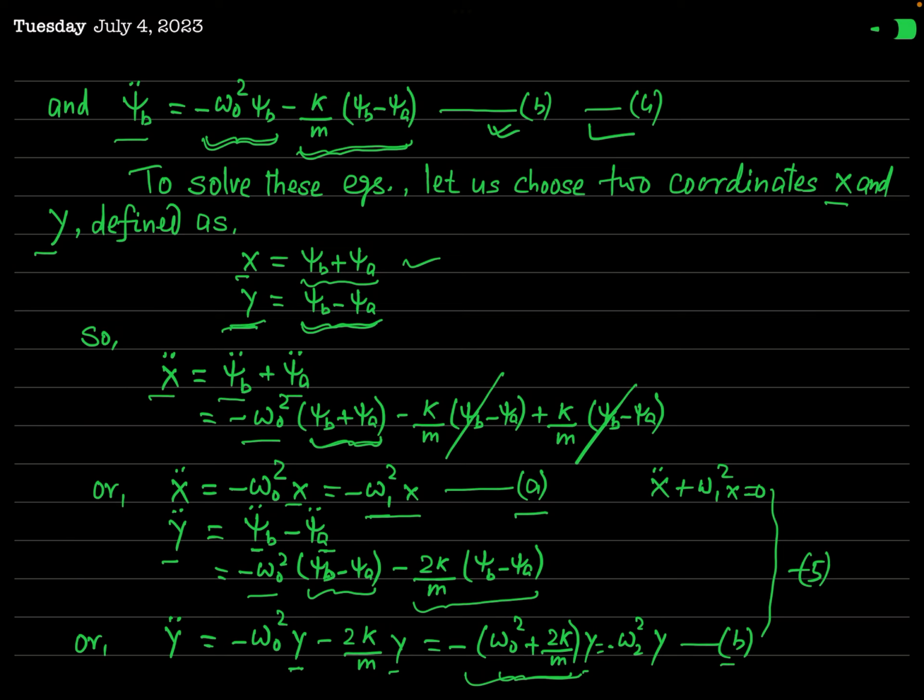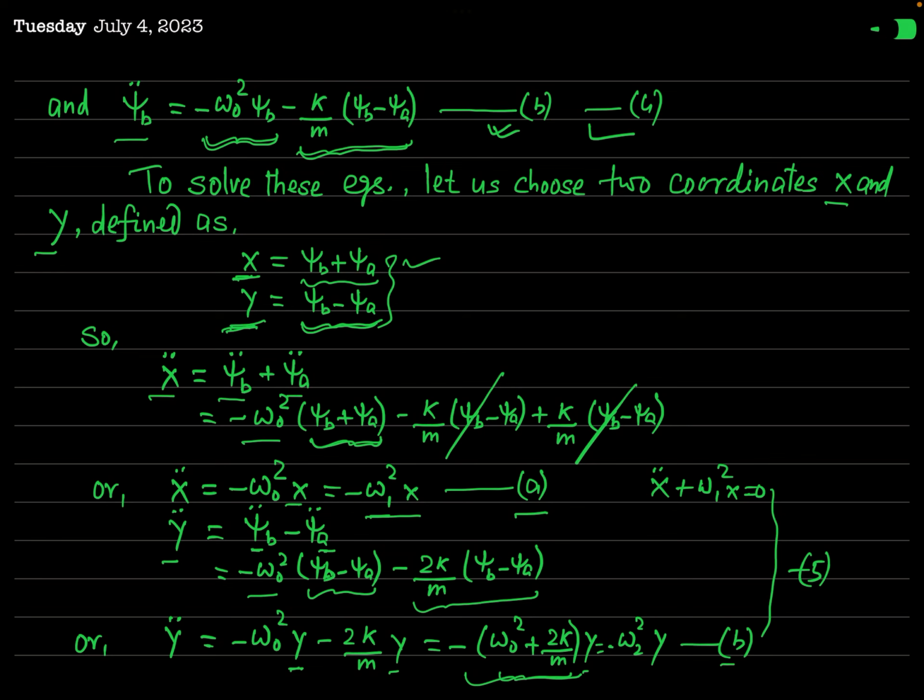Okay. So as you have seen, in terms of the actual displacement of the bob psi a and psi b, the equations of motion obtained do not represent that the motion is simple harmonic. But when we select two coordinates defined through these two equations, capital X and capital Y, then in terms of these two coordinates, we can easily say that our system is executing simple harmonic motion.